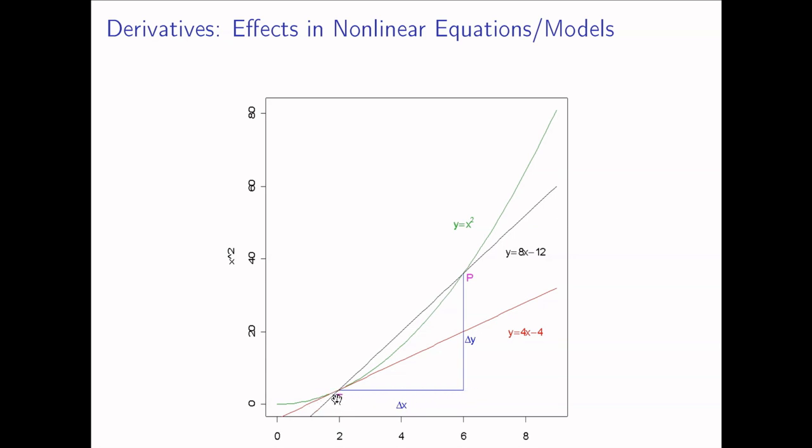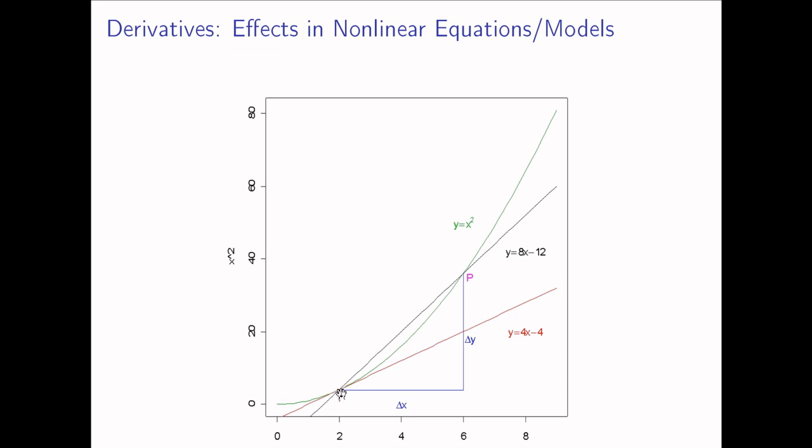Here, the black line describes the effect of x on y when we increase x from 2 to 6. If we increase x to 6, y increased by 32, from 4 to 36. But that is not the answer we want. The question is, what is the exact effect of x on y at, or in very close proximity of, x equal to 2, y equal to 4?